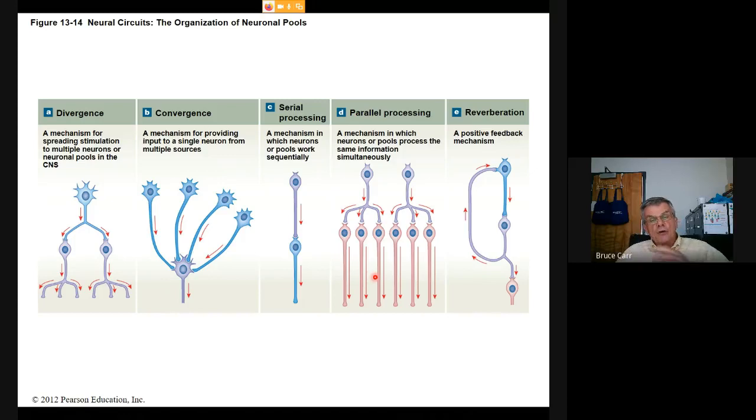Parallel processing occurs when you have a very dense array of neurons packed very close together. Neurons, or what are called neuronal pools, receive a constant flow of information and need to process that constant flow every second. When you think about it, our sense of sight is continuous.